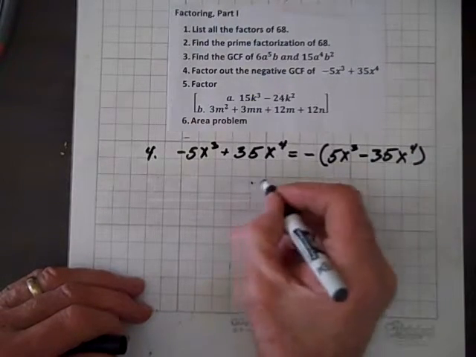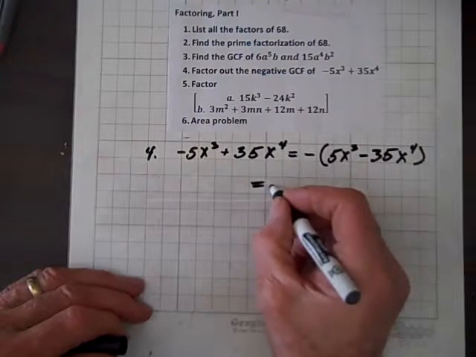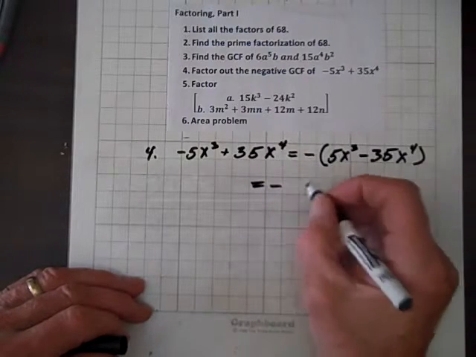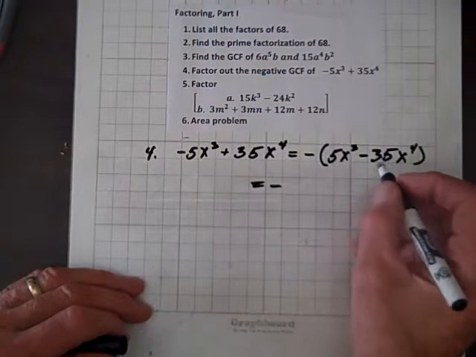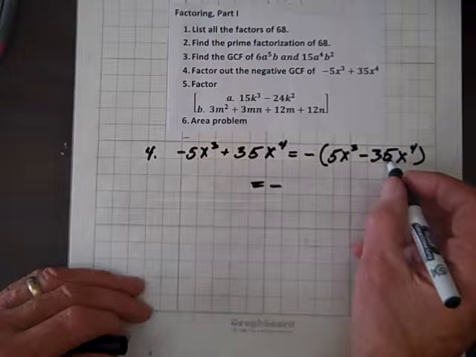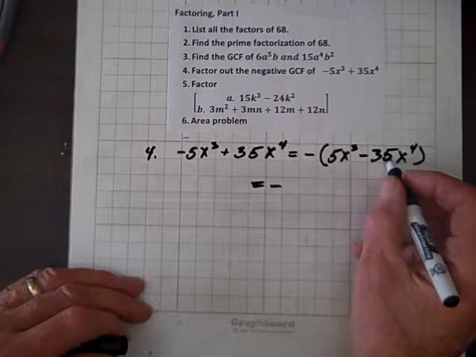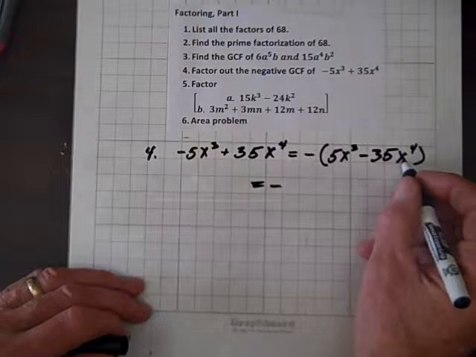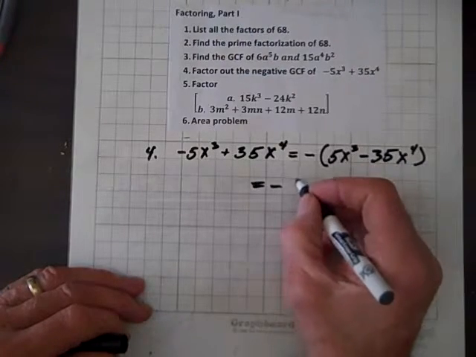Now, there's our negative, and I'm going to rewrite 35 in terms of 5, and I'm also going to rewrite x to the 4th in terms of x cubed.